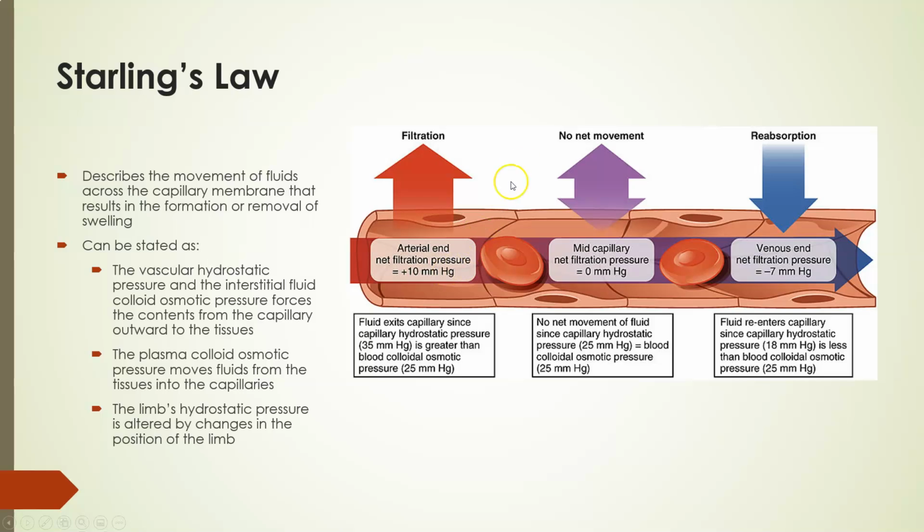And so we get a movement in there. And you can see here, however, just based on this, we have over the course of a capillary a +3 millimeters of mercury pressure movement out overall. And that's why we have the lymph system to collect that extra.